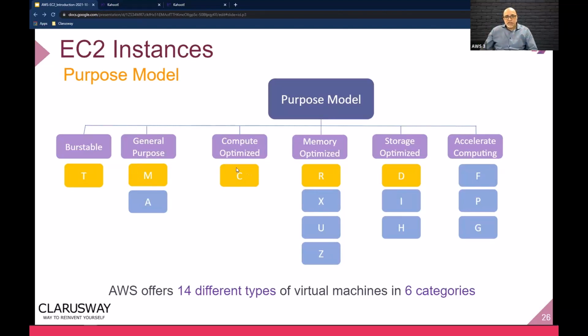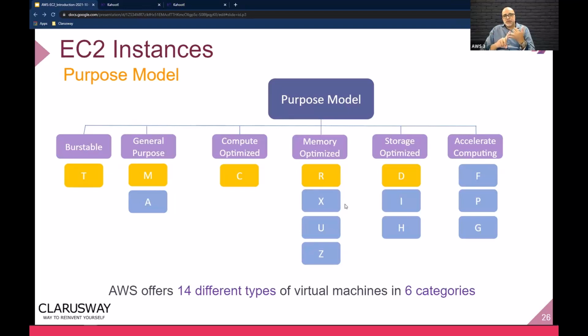Compute optimized, C. Compute, C. Memory, what is memory? RAM, R. Storage is what? Disk, D. TMCRD. Again, it's not the end of the world. You can always look them up, but try and commit that to memory.